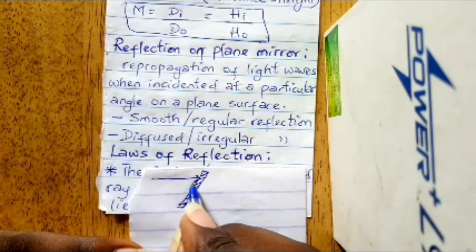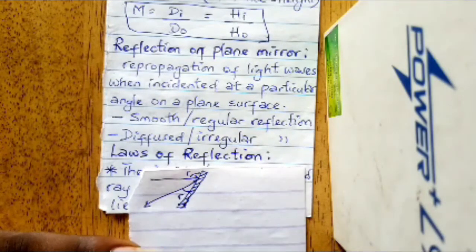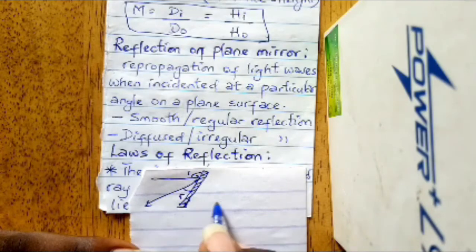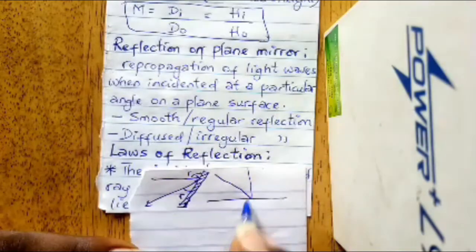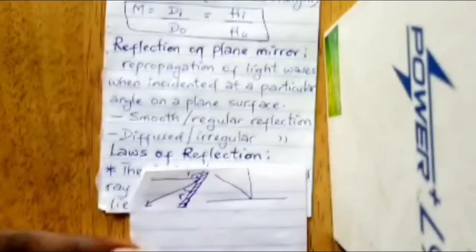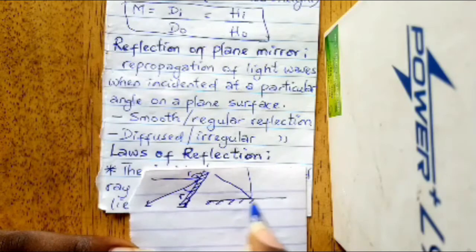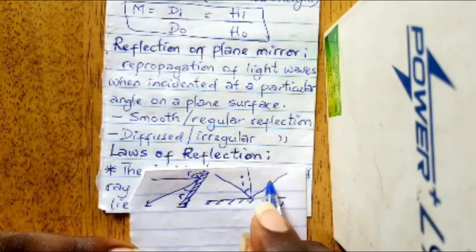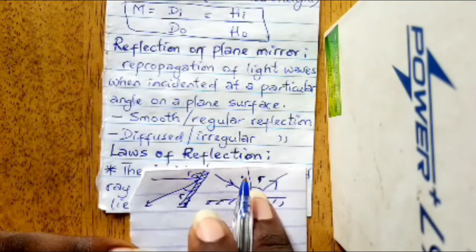Now the repropagation of a wave when incident. So you can also have a normal. You have a light wave, and this is a surface. You have a light wave incident with a particular angle, which is known as the angle of incidence, and it is reflected also with an angle known as the angle of reflection.